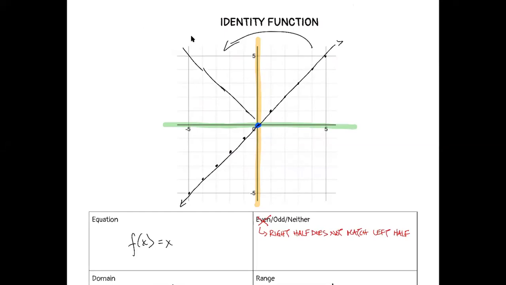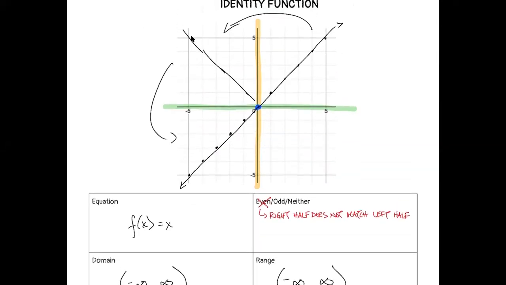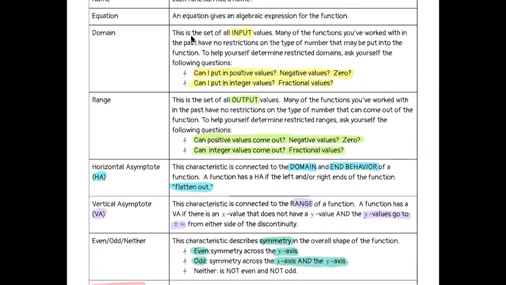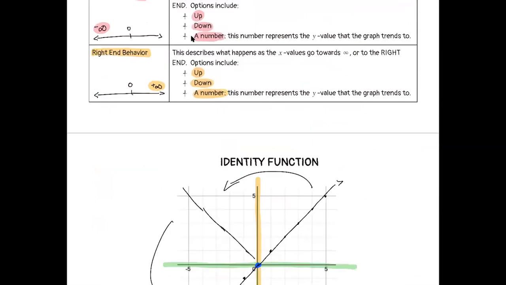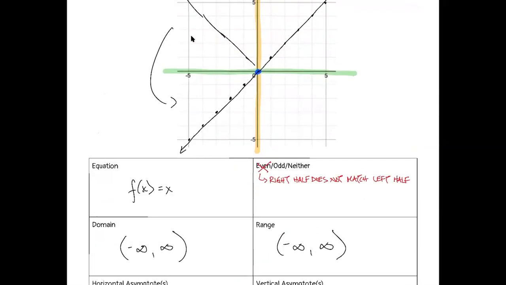And if I take that and reflect it over the green line, I get that bottom part. So in this case, this function is odd because it is symmetric about the x and y axis.